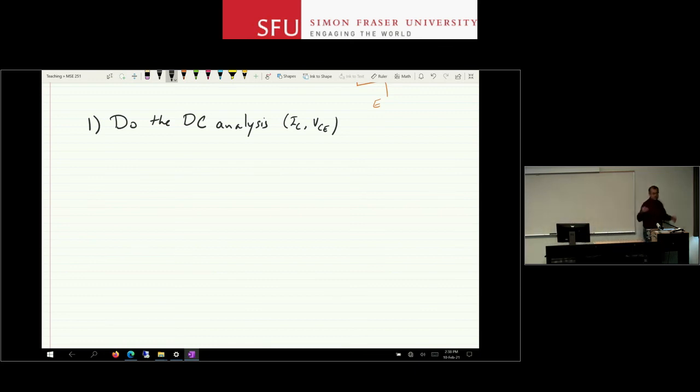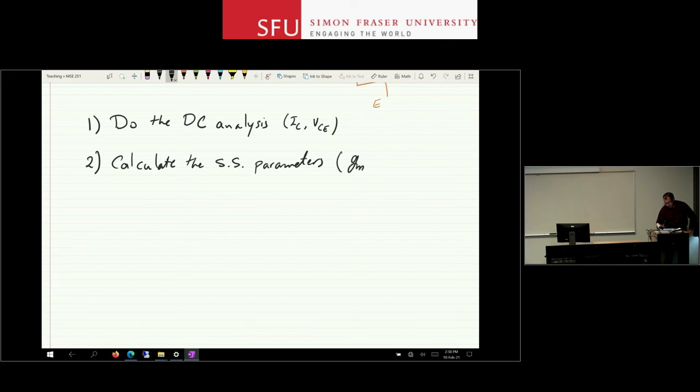Do your analysis at DC, and then once you're done, calculate the small signal parameters. For BJT circuits, this is gm and rπ for each one of the transistors. You may have a multi-transistor circuit, each one is biased at a different current, so you go and do the calculation for all of those.